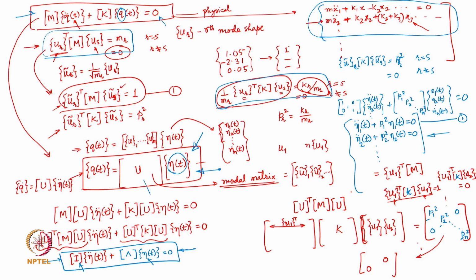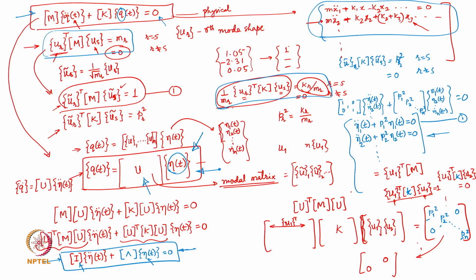You already know this modal matrix, because what is the modal matrix? It is ultimately coming out of the eigenvalue analysis. So, this is something which is known for your system, right. The moment you do that, you get the physical response, because you are not interested in getting the response in principal coordinates. You are interested in knowing how much is the motion of the physical system, that is x and y and theta, right.